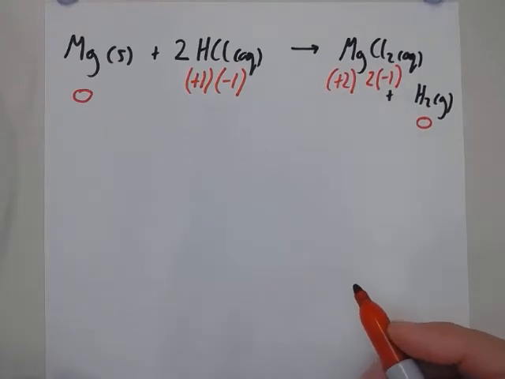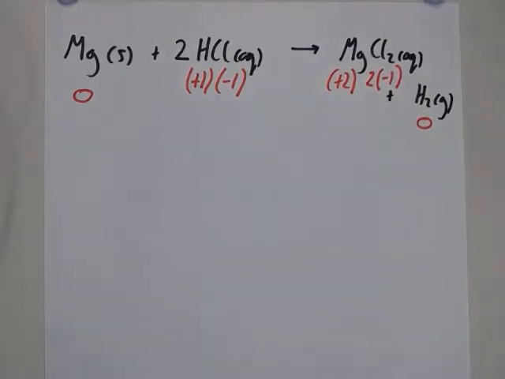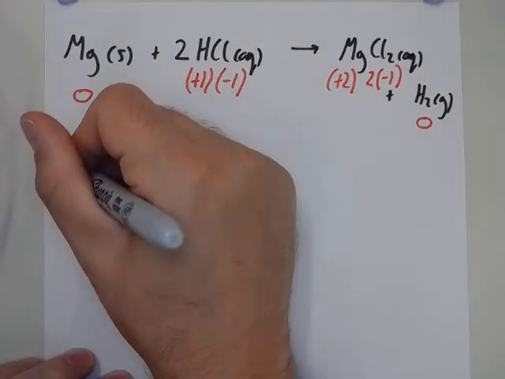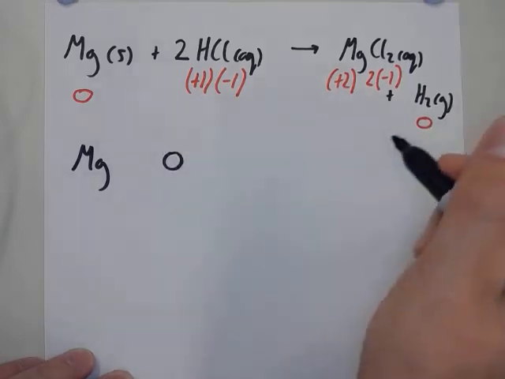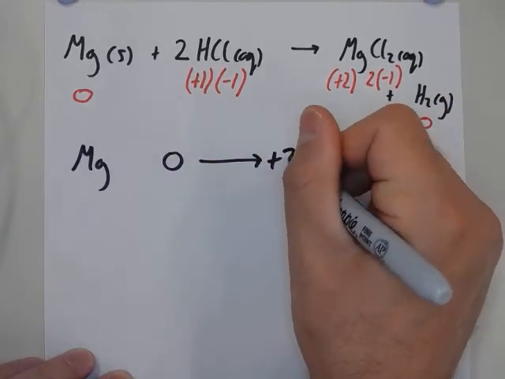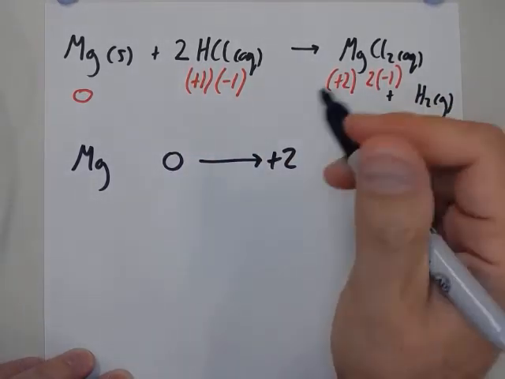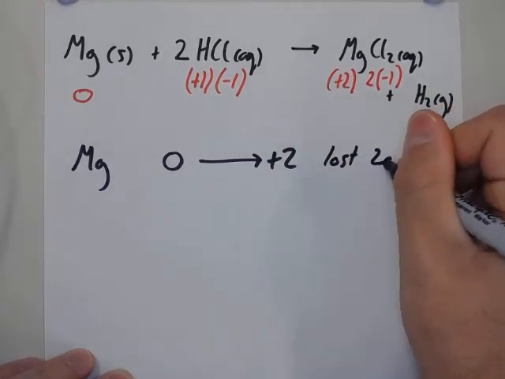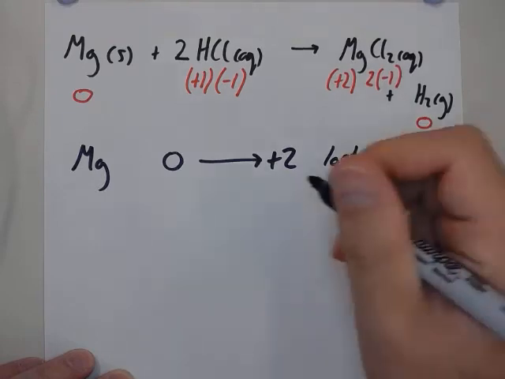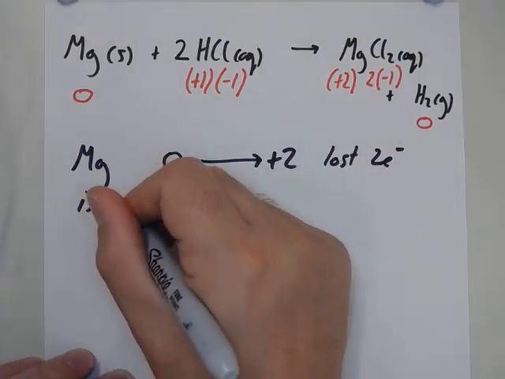So, let's look at the magnesium first. Mg has gone from 0 to +2. Okay? It's lost 2 electrons. Therefore, Mg is oxidized.